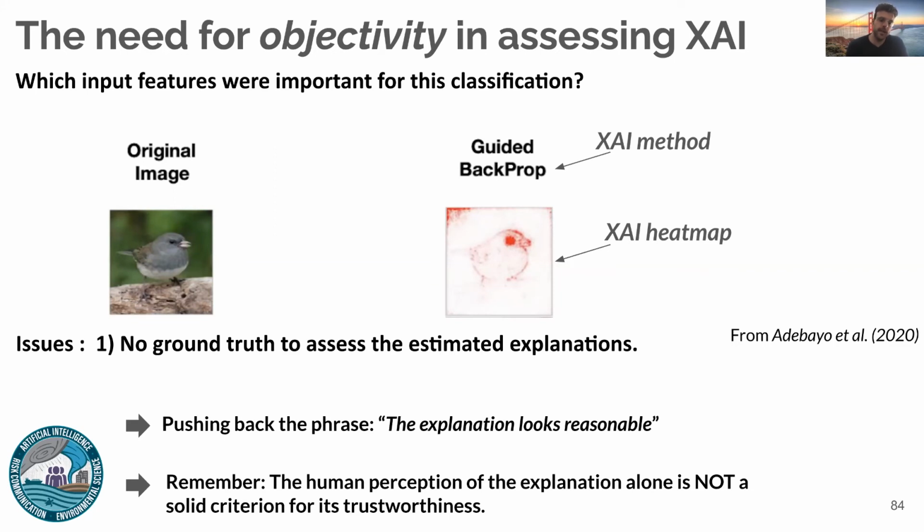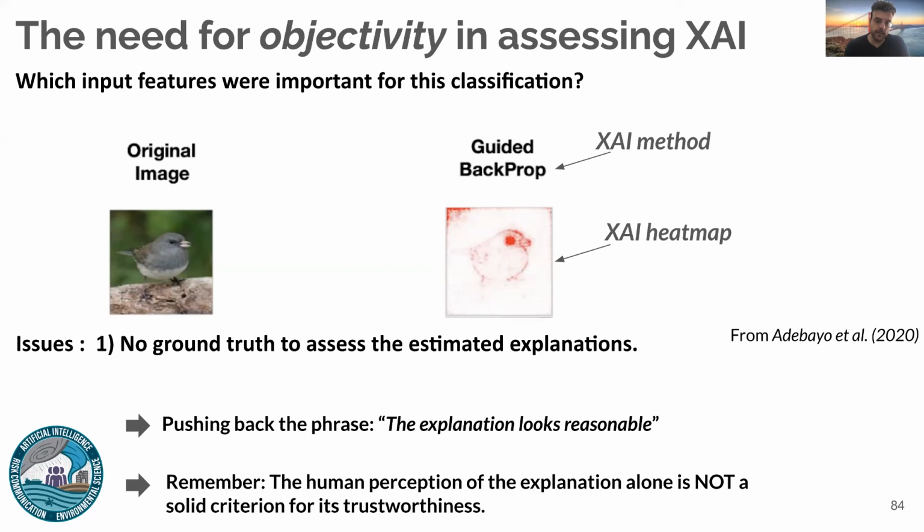So let's take a step back and reconsider the example of the Janko pair that we saw at the very beginning of this session. We have the input, the network has correctly classified this image, and then we use an XAI method to answer the question: which features are the ones that made the network predict what it did?